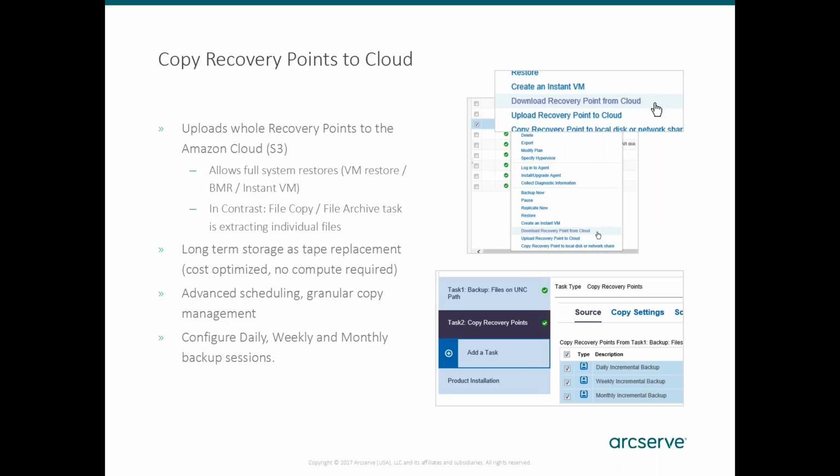This destination can now be the Amazon cloud with S3 storage, and the scheduling, which you see here on the screenshot already, can now be done individually based on daily, weekly, and monthly, so that this task 2 benefits from all the scheduling that is done in task 1 on the backup.